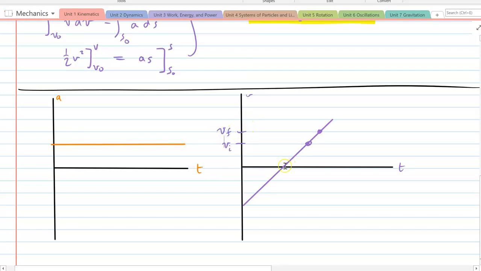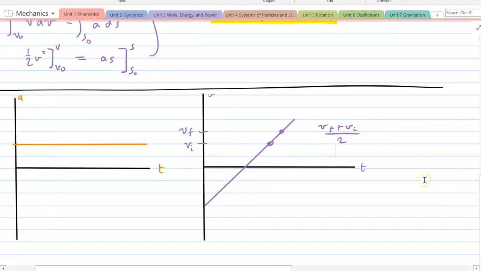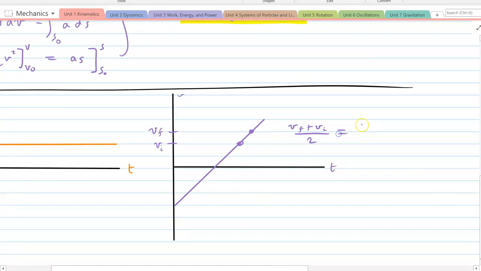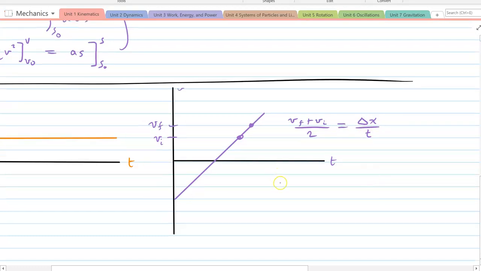If we take the average of these two values, kind of like with data, when we take the average or the mean of data, you take the entries and divide by how many entries there are. What I want to argue is that it is the same as the definition for average velocity. So, in other words, if I were to put it in words, the average of the velocities is equal to average velocity.